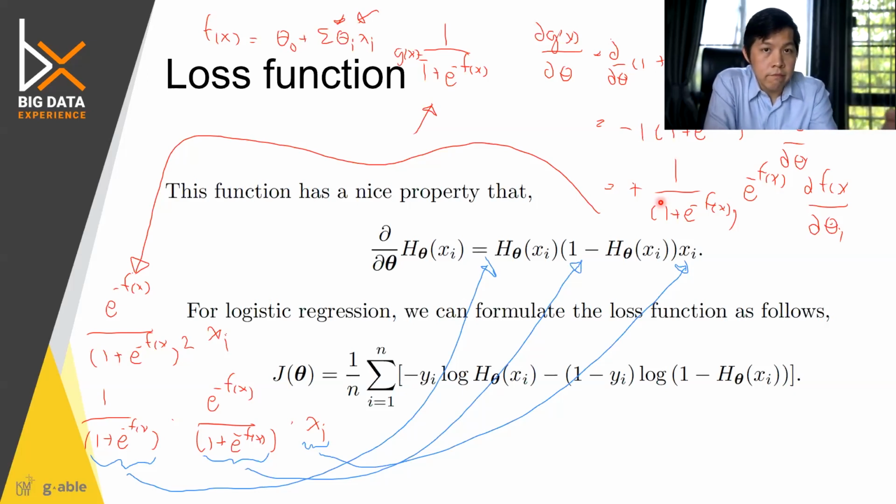You take the derivative of h theta xi, you get h theta xi times 1 minus h theta xi times xi. Right? So this is good because in this sense you don't have a different form. You just have that one function multiplied by 1 minus that function multiplied by x, and then you get the derivative of the function. Okay, so this is good, right? That allows us to make calculation easier.